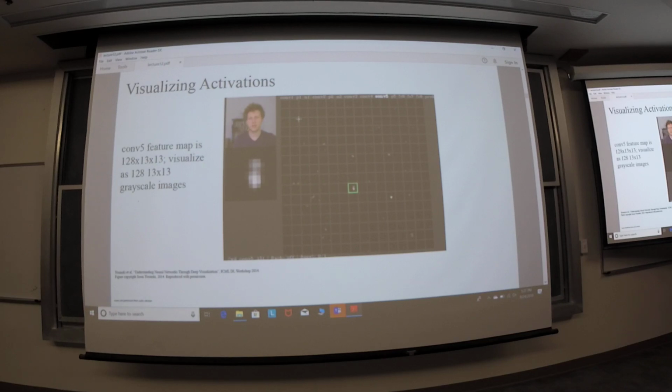This slide tells us that when we present a picture of a human face, out of all these feature maps in the fifth convolutional layer, this particular feature map gets activated the most. That tells us this feature map is essentially looking for faces in images.